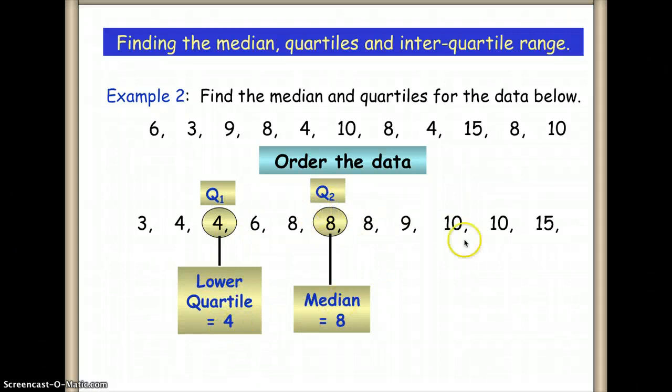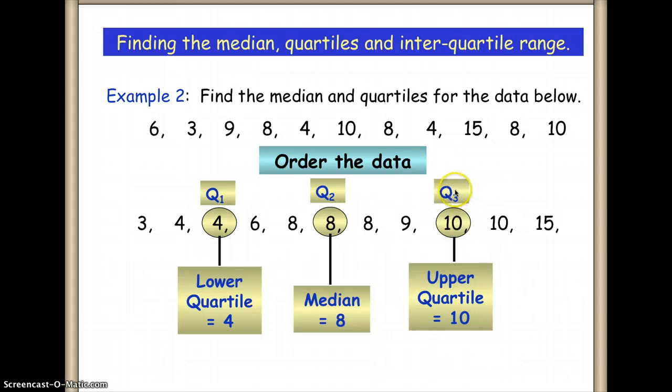Moving on to the upper quartile, it's basically the same as what you did at the lower part of your data. We're now looking for the 75%, or Q sub 3, or upper quartile. You have 2 data items on the left and 2 at the right, so your middle is 10.